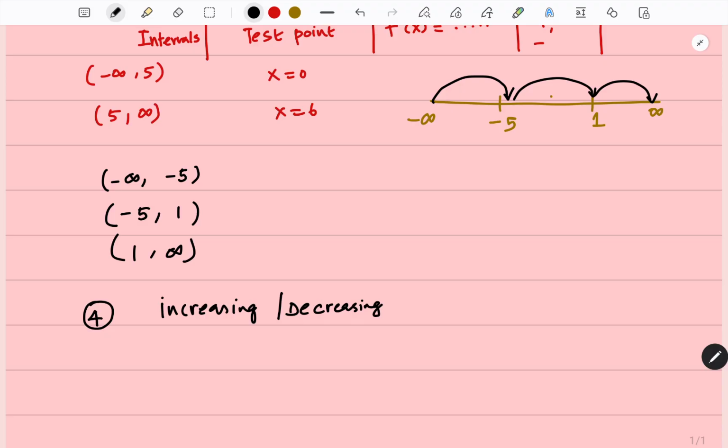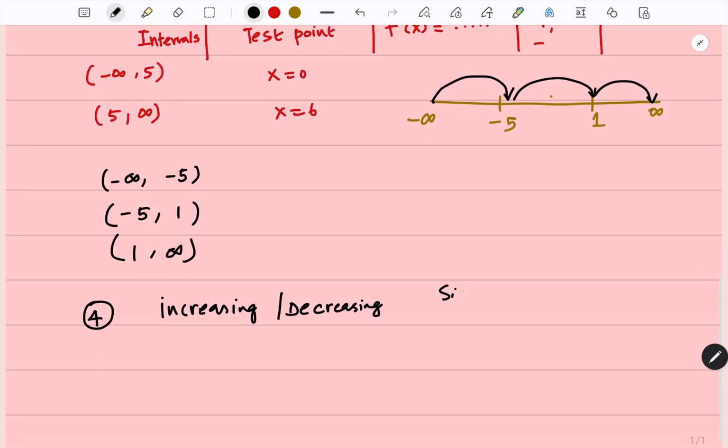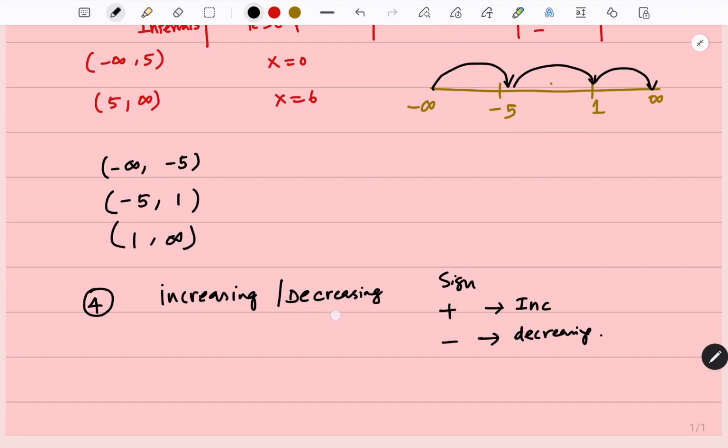I told you in that video, but still I'm telling you. If you get the sign positive in the test, then it is increasing. If you get negative, then it is decreasing.